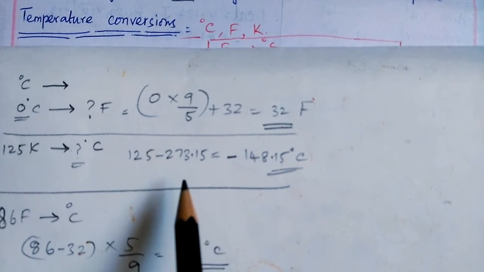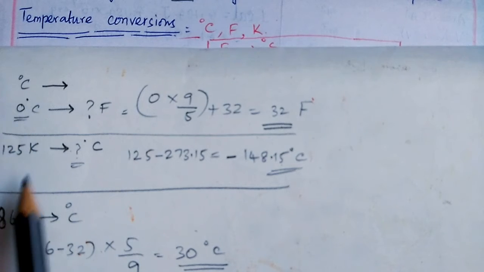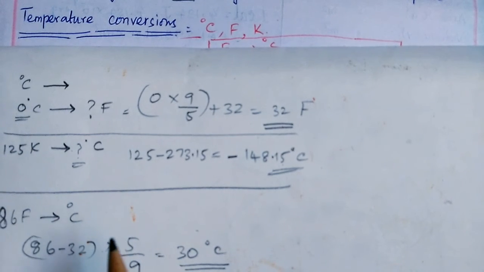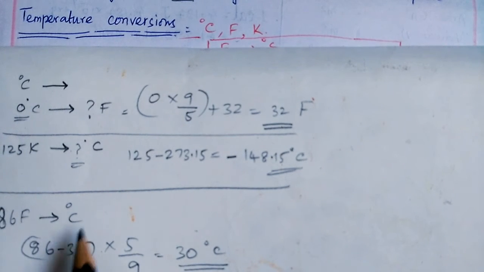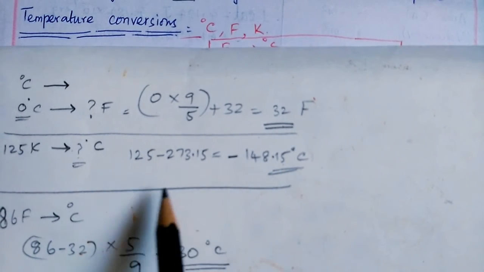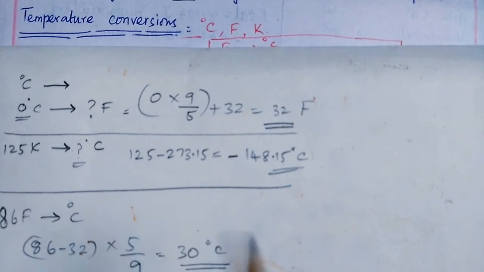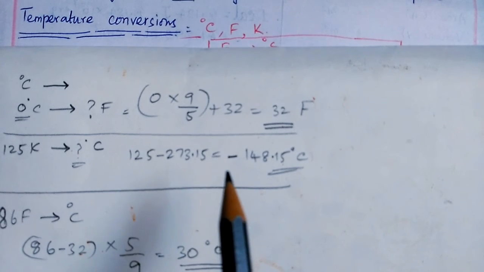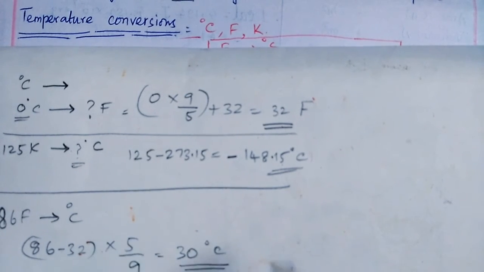We are dealing with the decimal points also. Sometimes the questions asked may be with the minus symbol, the negative value, negative degree Celsius, something like minus 15 degrees Celsius. So those things should be dealt with very clearly, otherwise we will get wrong answers.